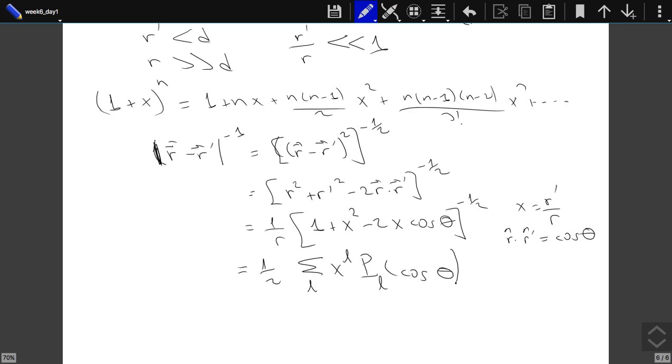So if you make an expansion of this factor as a Taylor series in terms of x, the coefficients will depend on cosine theta, and the coefficients are actually the Legendre polynomials that we saw in spherical coordinates.